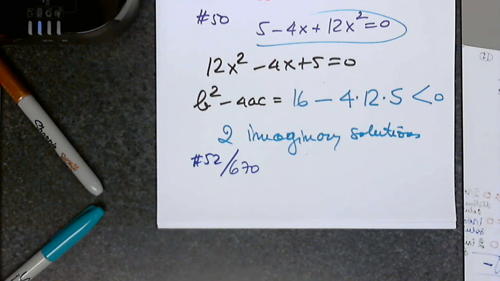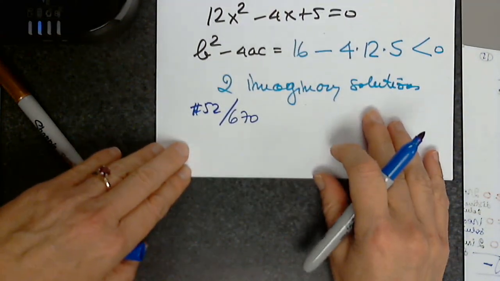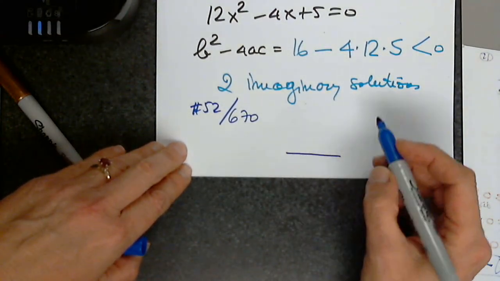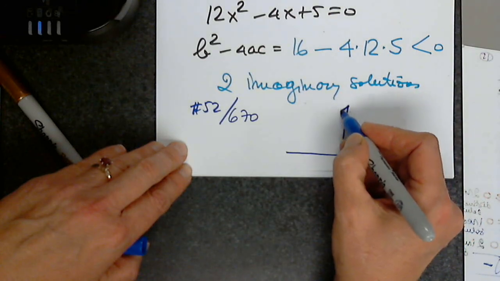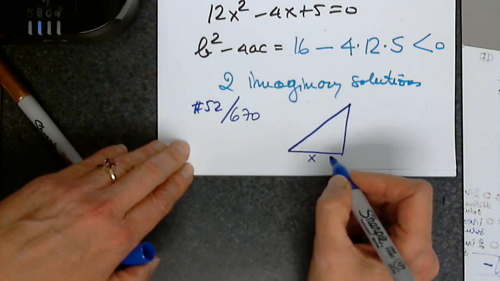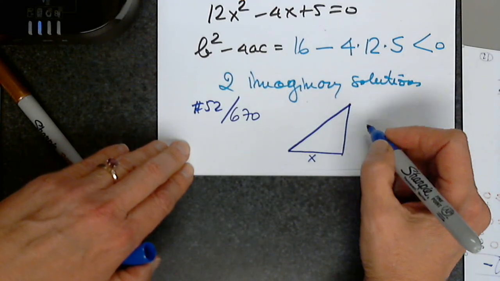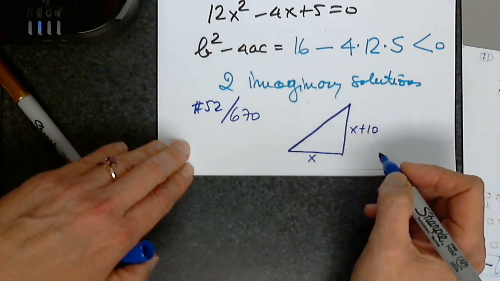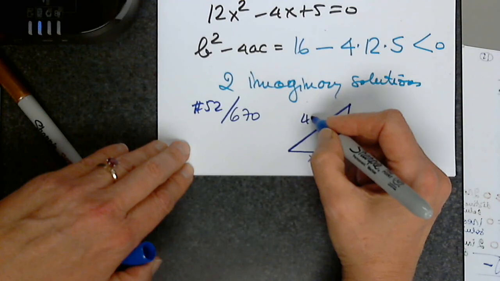Just kidding. Okay, 52. Given the diagram below, approximate to the nearest foot how many feet of walking distance a person saves by cutting across the lawn instead of walking on the sidewalk? We are given, this is x, this is x plus 10, and this is 40 feet.